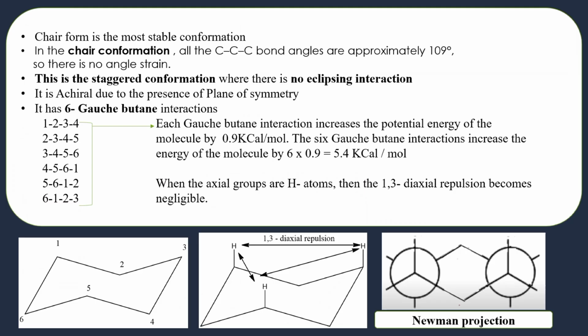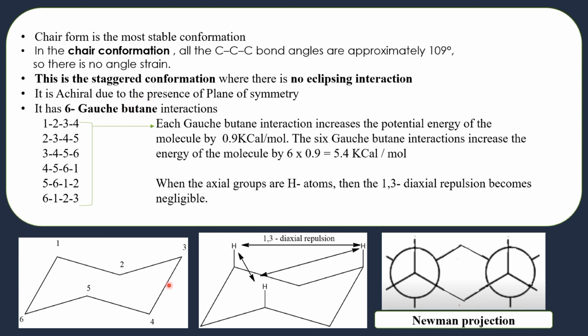Chair form of cyclohexane is the most stable conformation. In this most stable conformation, the bond angle between any two CC bonds is approximately 109 degrees, which is closer to the tetrahedral bond angle.